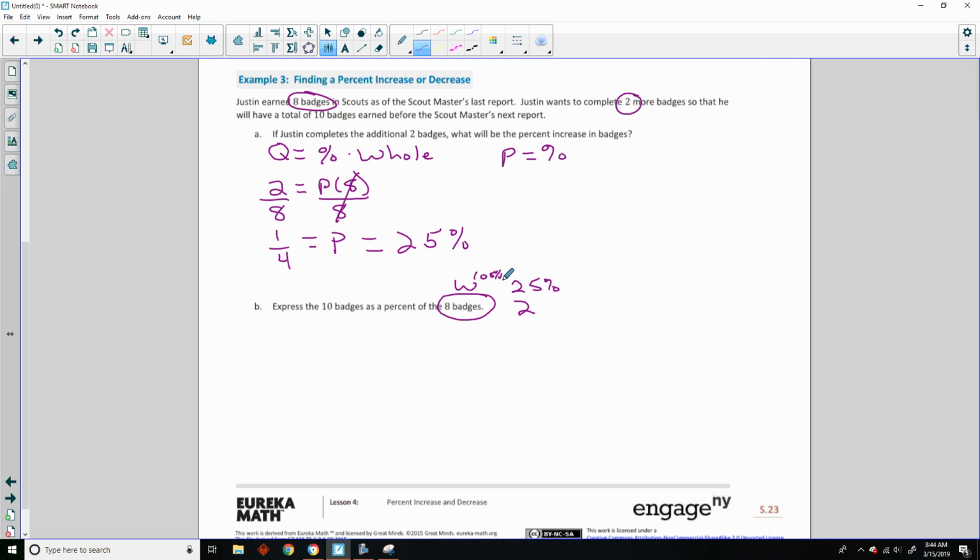So 10 badges represents 100%, the 8 badges plus the 2 badges, which is 25%. So that would equal 125%.